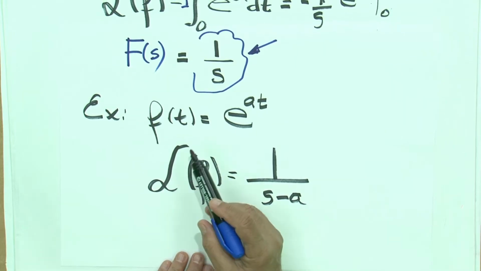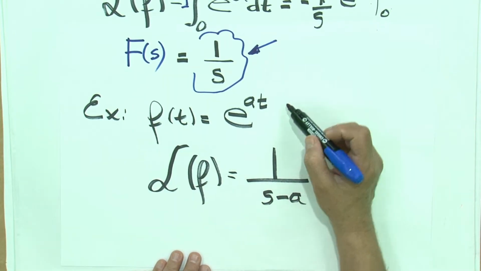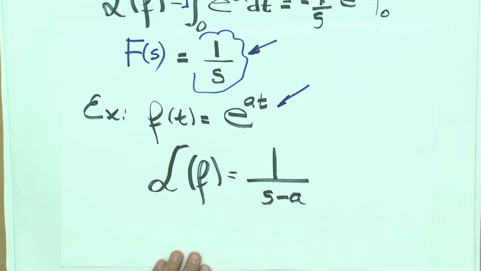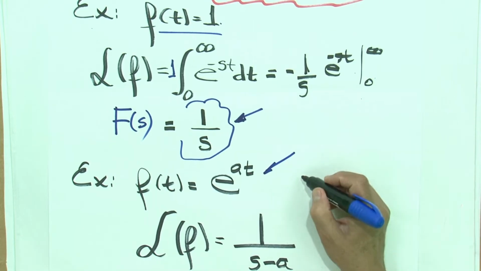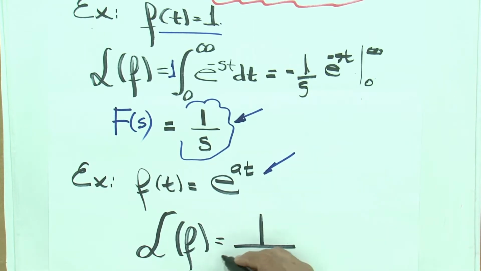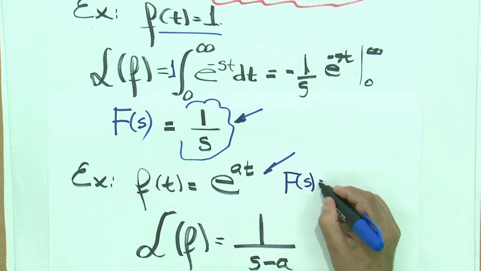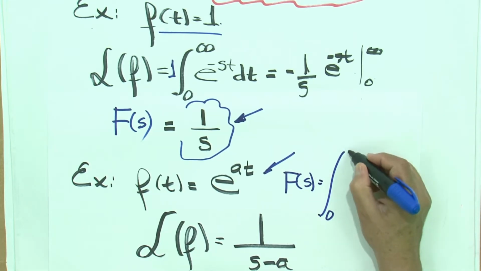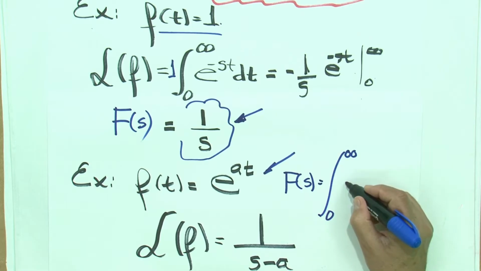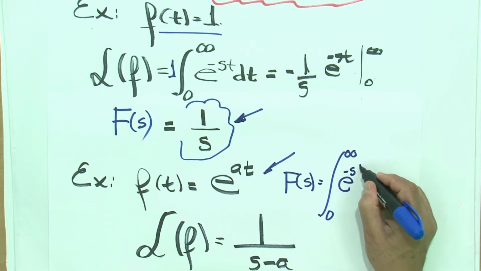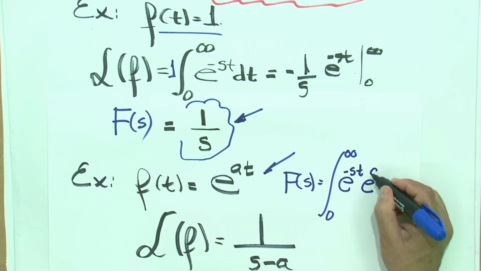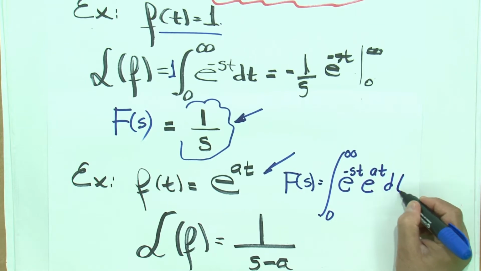Another interesting example is the Laplace transform of an exponential function. If we have an exponential function, then the Laplace transform F of s will be basically the integral from 0 to infinity of e to the minus st times e to the at dt.